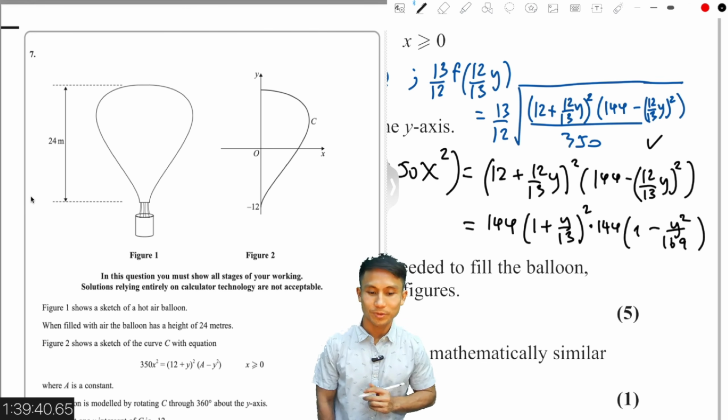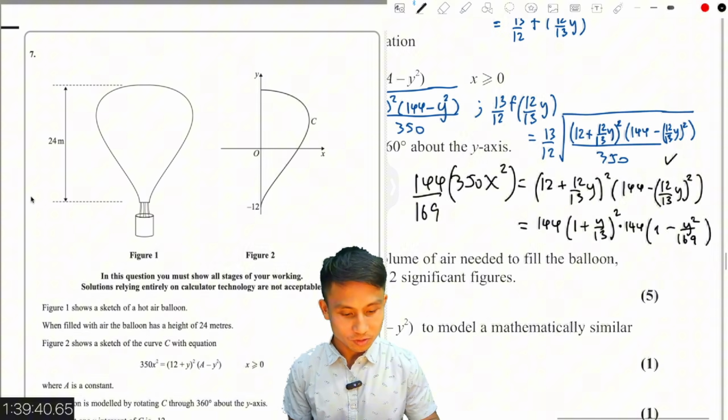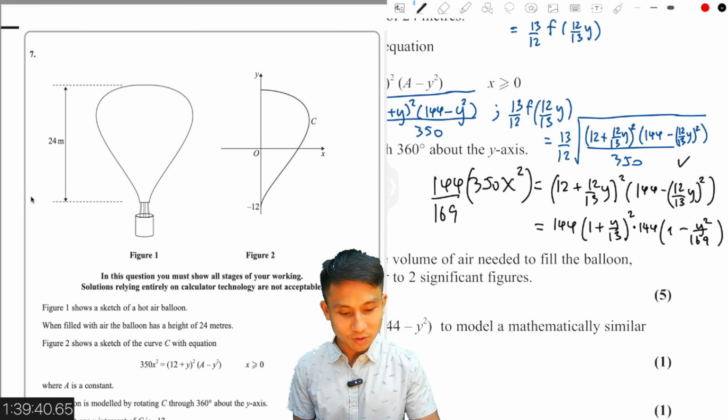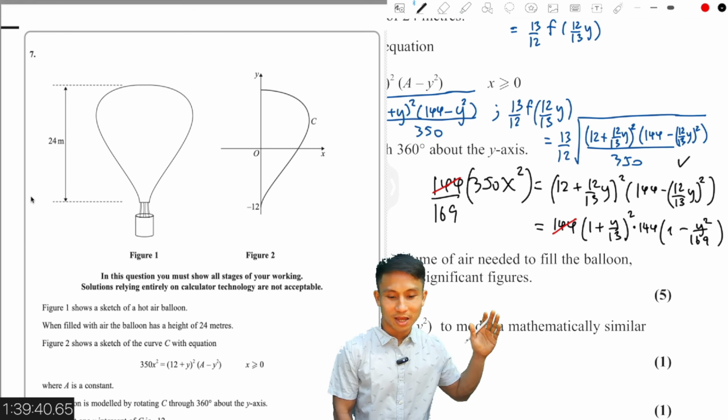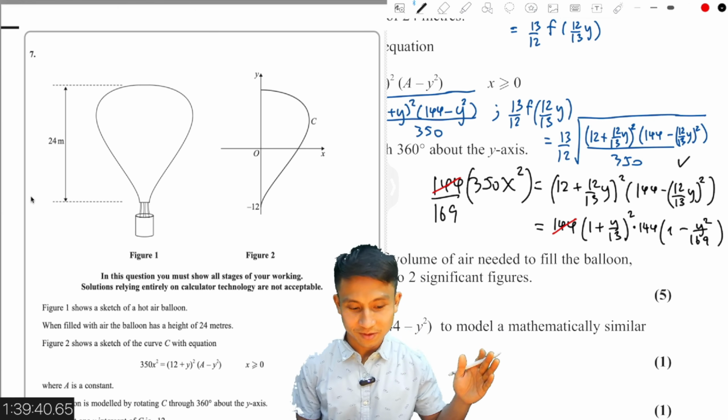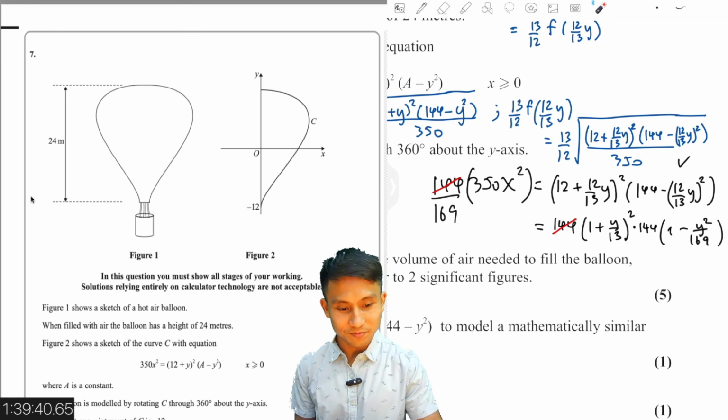Well, it seems like I can cancel at least one of the 144 there, this one and this one here. And if I multiply across by 169, what's going to happen?